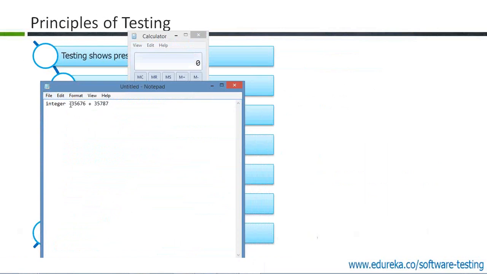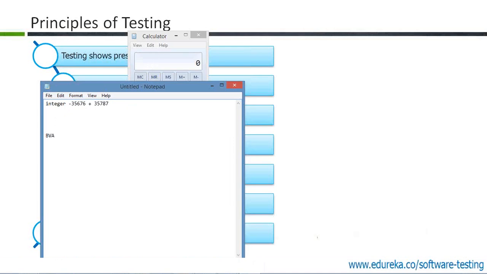You will not be able to give one number after the other and check. That's why there is a methodology we call boundary value analysis techniques that we use to do this. So that is exhaustive testing, which you cannot do.